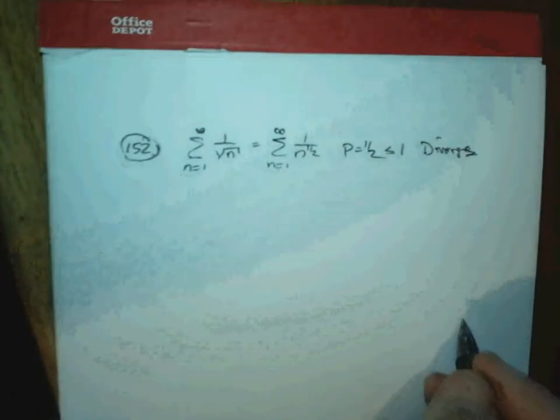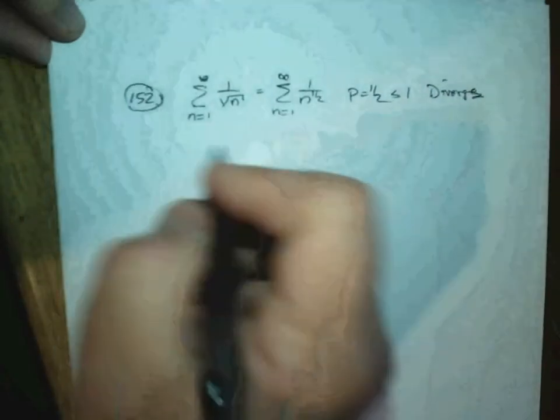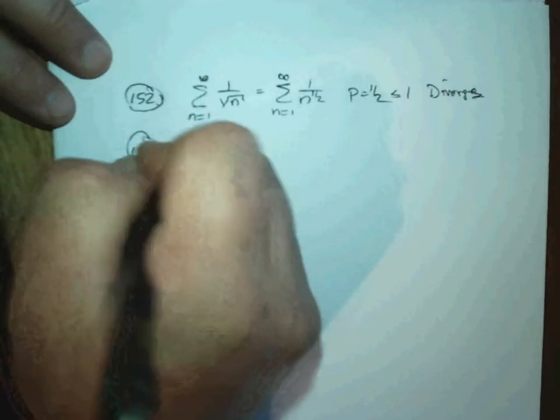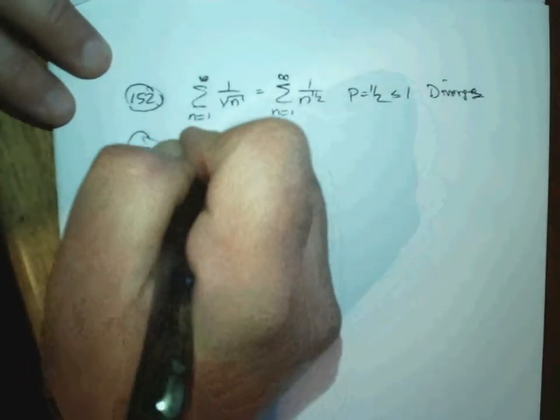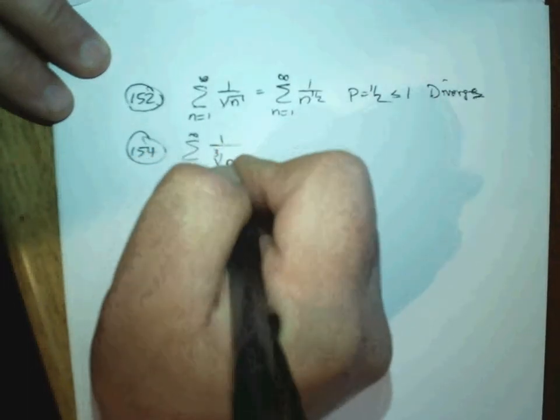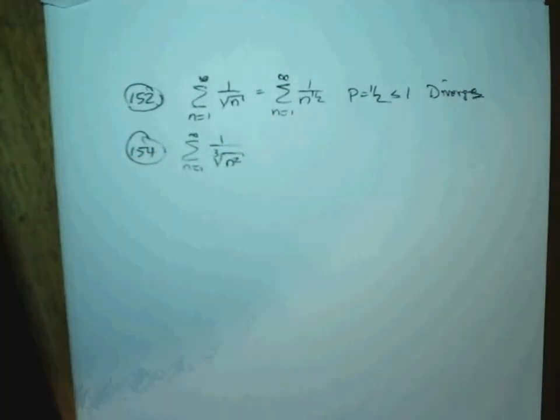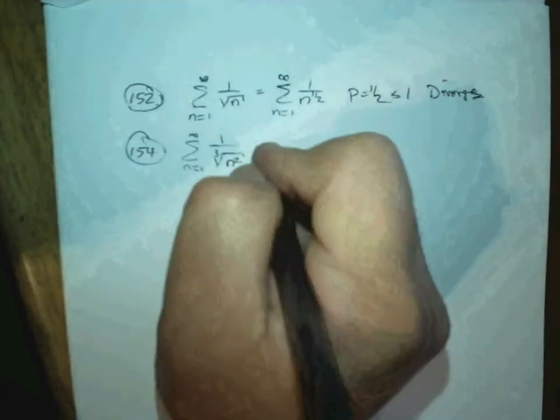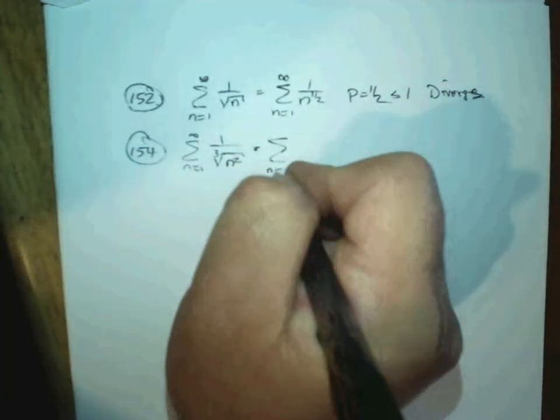So there's a series that diverges. Okay. All right. Let's take a look at 154. We have 1 over the cubed root of n squared.